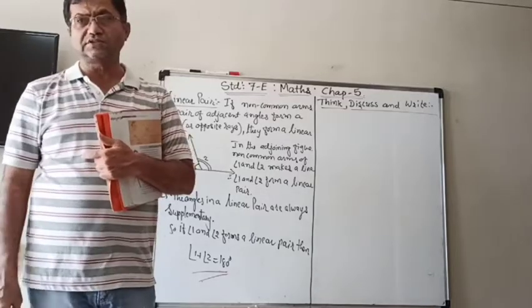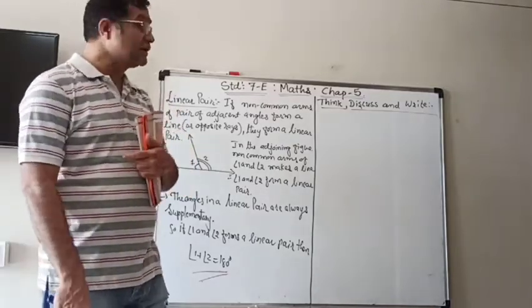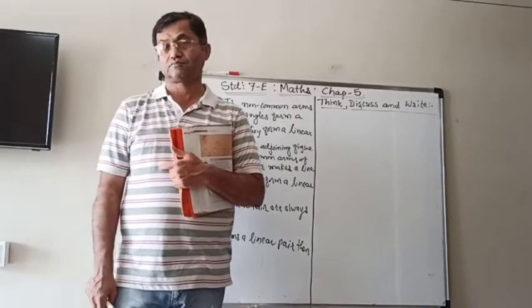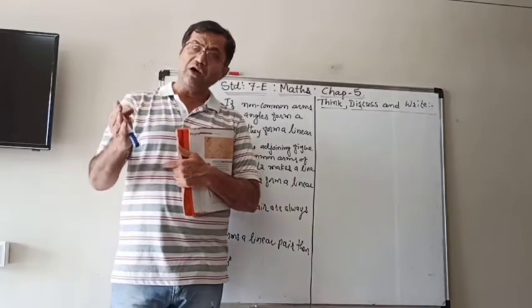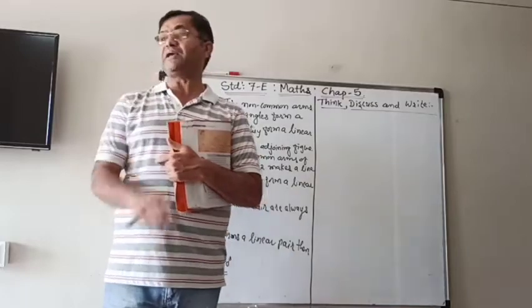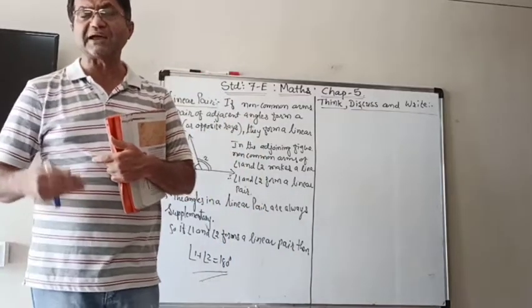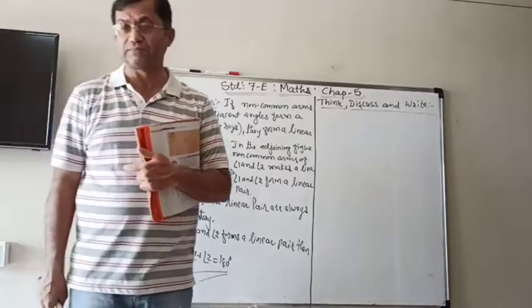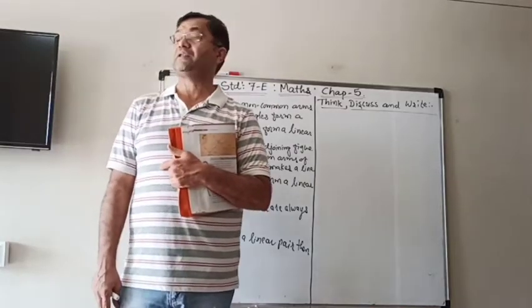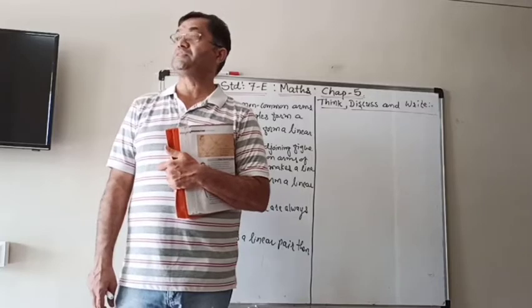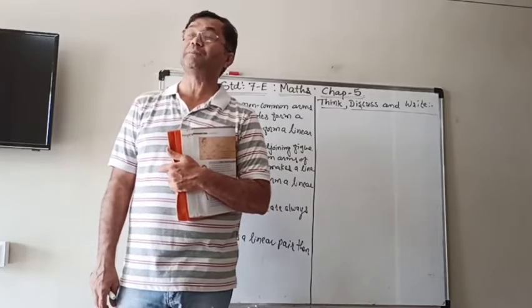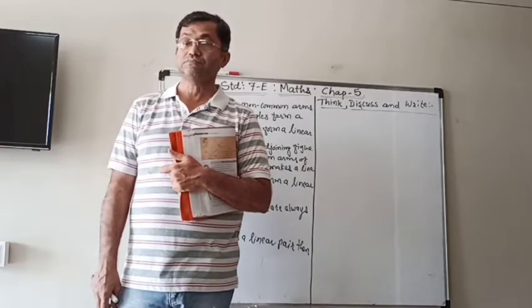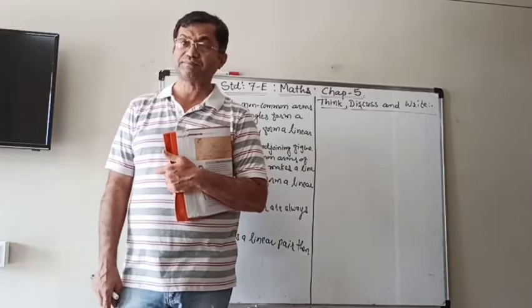Now the linear pair. Now adjacent angles, if the adjacent angles can fulfill one more condition, then they are said to be the angles of the linear pair. So what is that condition?